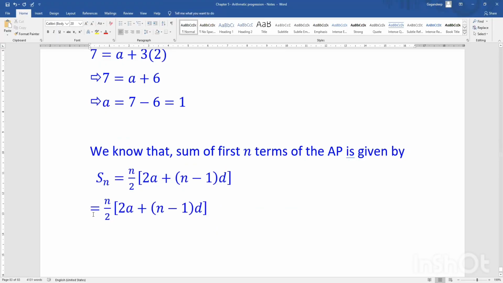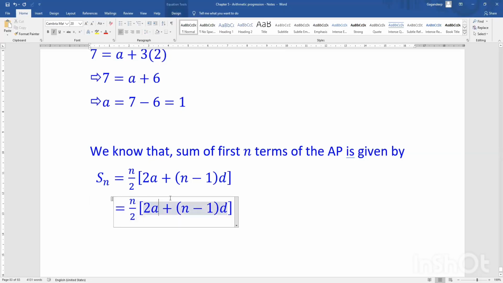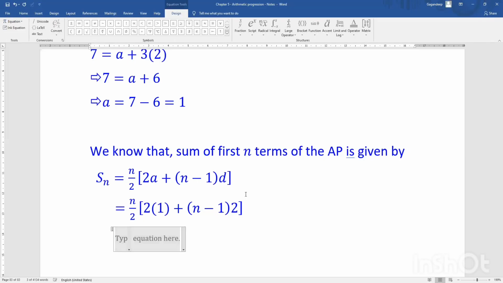N we don't do anything, we don't touch it, let it be as it is. Now what else we can substitute? I can replace a with 1 because a we already got as 1 here, and d value we got as 2. Next step, I can write it as equals to n by 2.